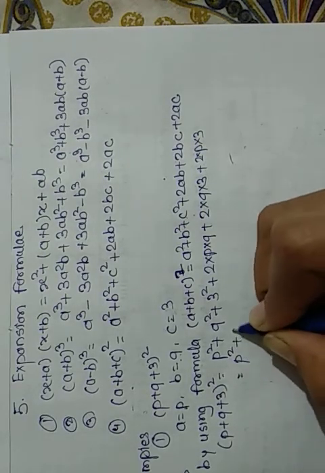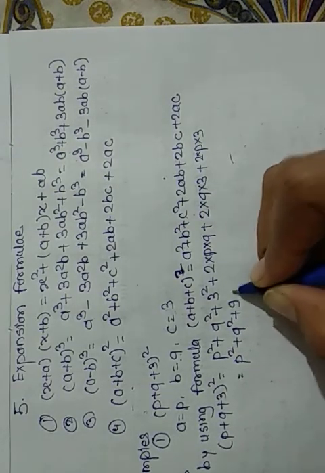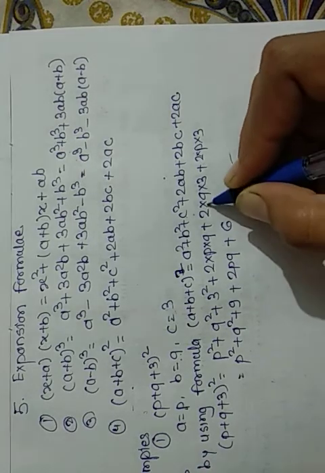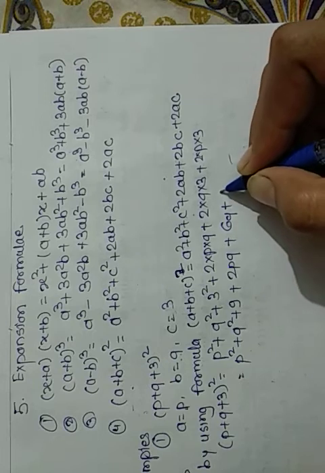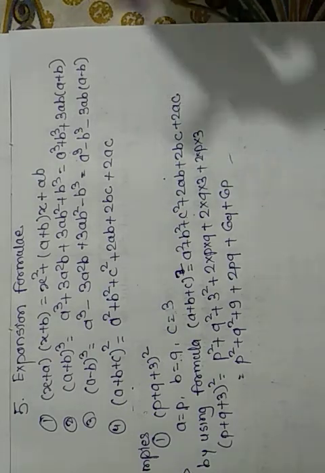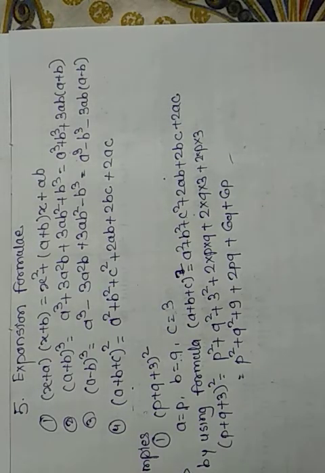So p square plus q square plus 9 plus 2pq plus 6q plus 6p. This is the answer of (p + q + 3) bracket square.